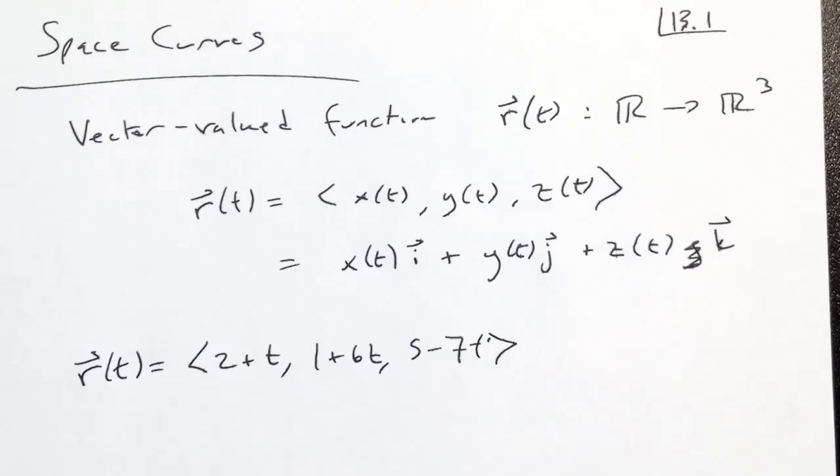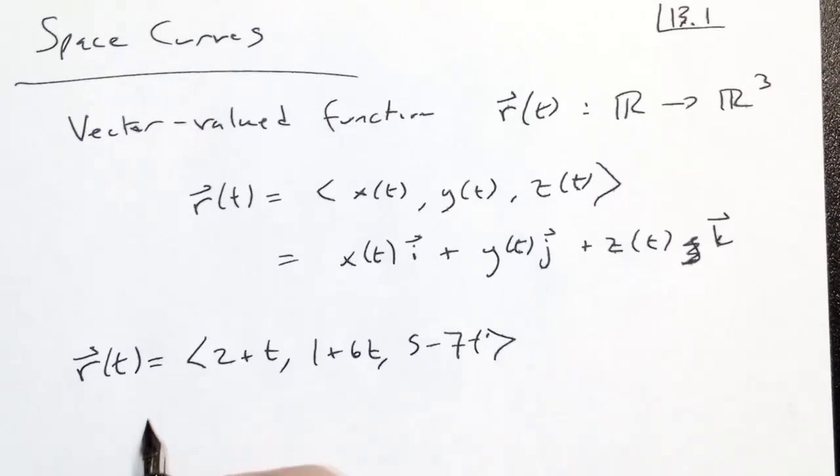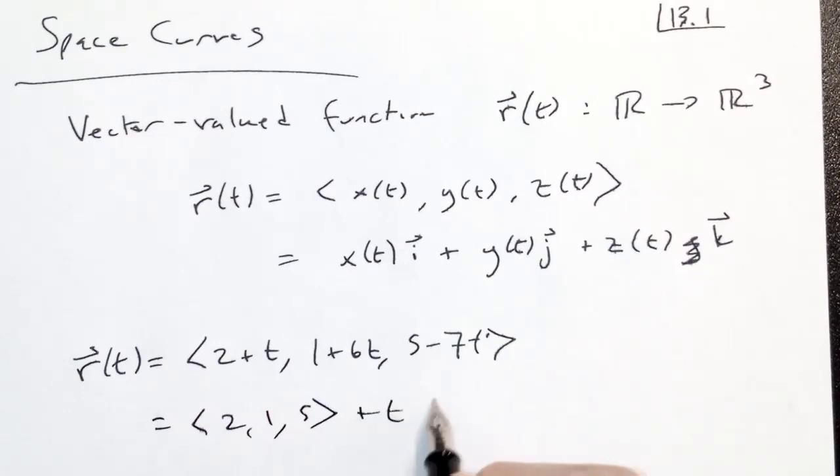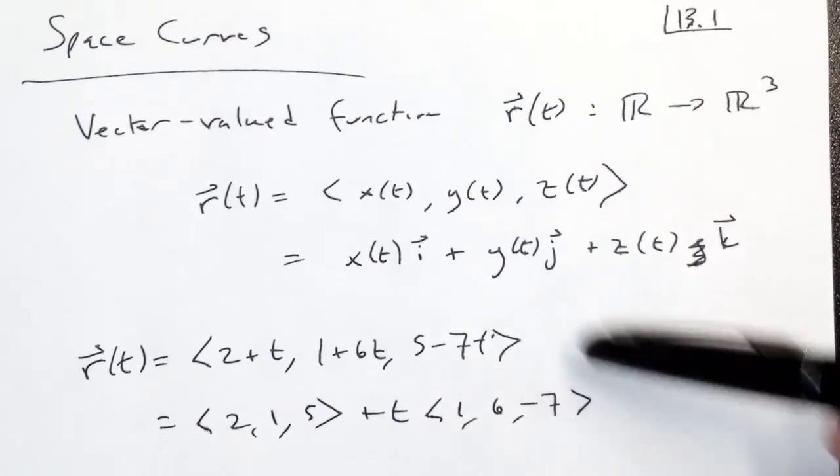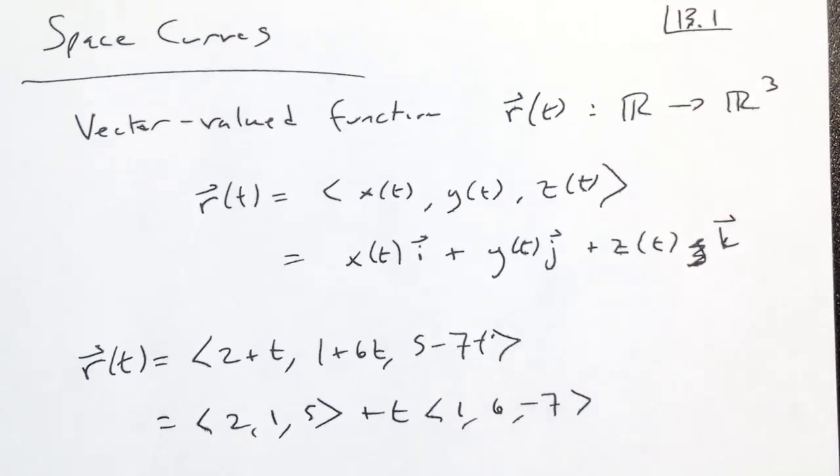Only we didn't write it as one vector, we wrote it as separate vectors. I believe if you go back and look at your notes, we wrote this as 2, 1, 5 plus t times 1, 6, minus 7. A starting point and a direction vector, right? But these two are exactly equal. It's just whether we separate the t parts from the rest. And that describes a set of points in 3-dimensional space. In this case, it's a line.